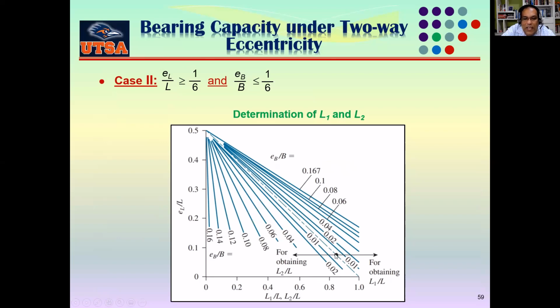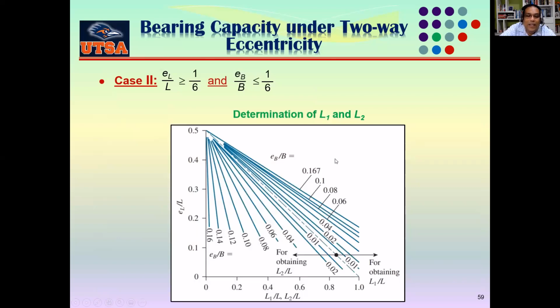Your EB by B would be either this one, this one, this one, or this one. If you want to find out your L1 by L, then basically you have to use this EB by B.